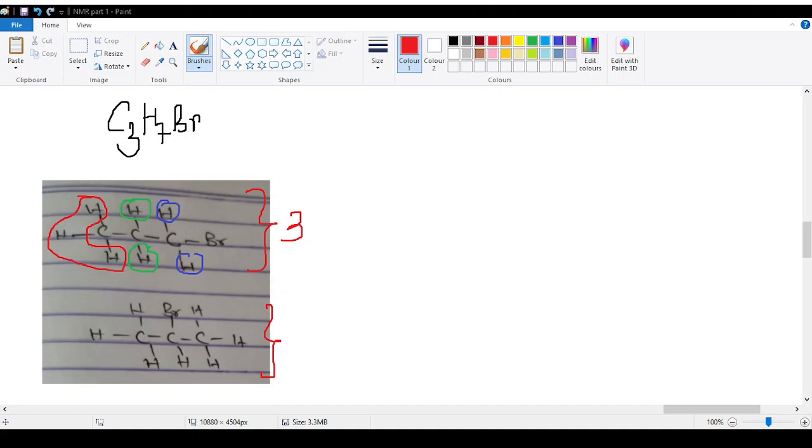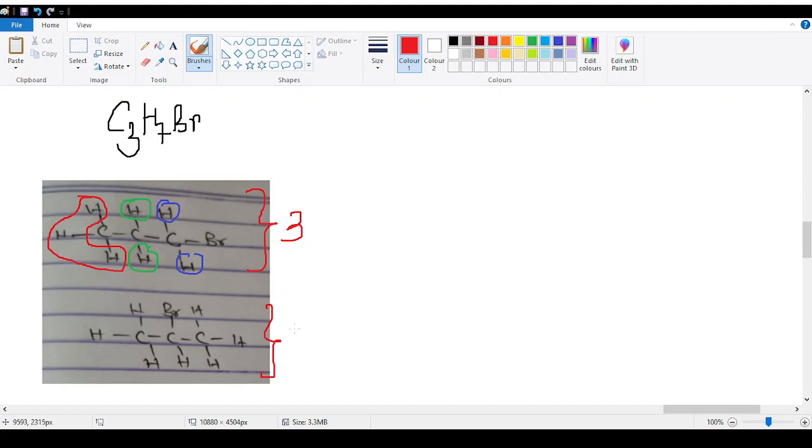Any idea? I guess there will be two the same environment and one different.